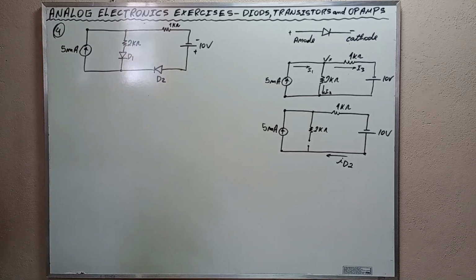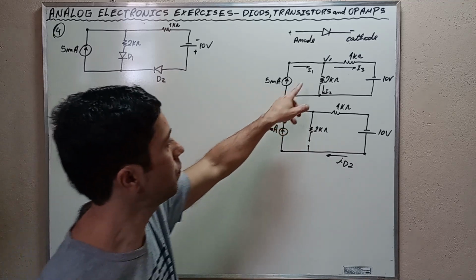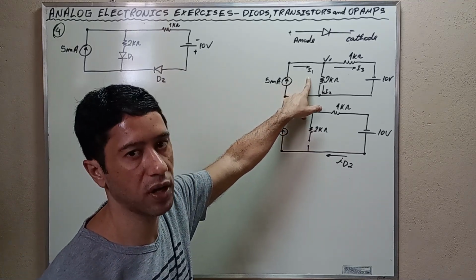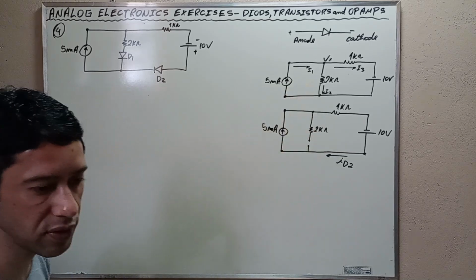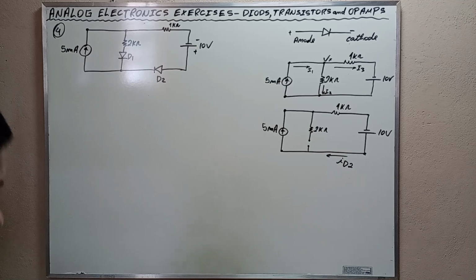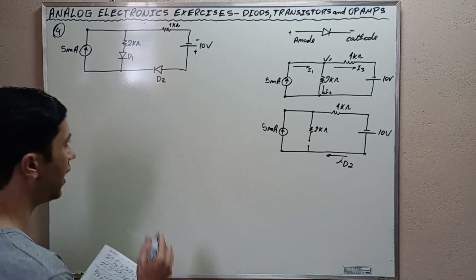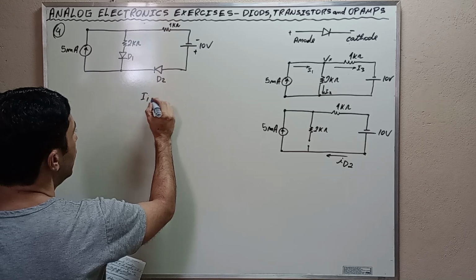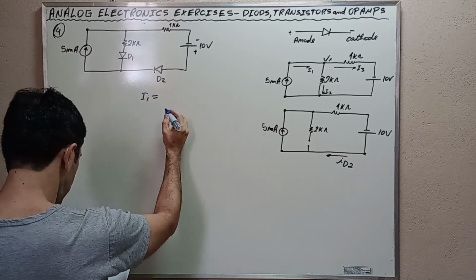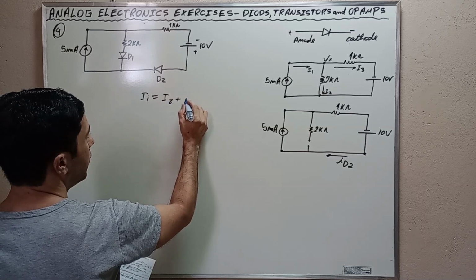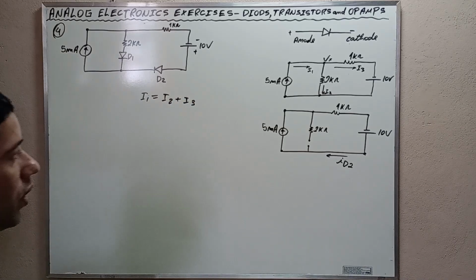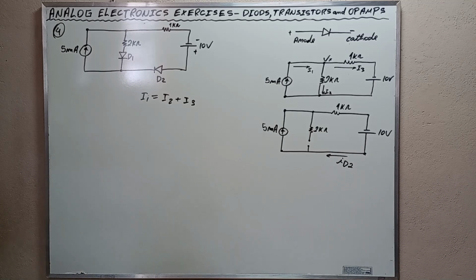What can we do there? We can apply another rule, okay? The sum of the currents that enter a node has to be equal to the sum of the currents that leave the node, okay? In this way, we say that I1 is equal to I2 plus I3. We are going to write these currents in terms of voltage and resistance.